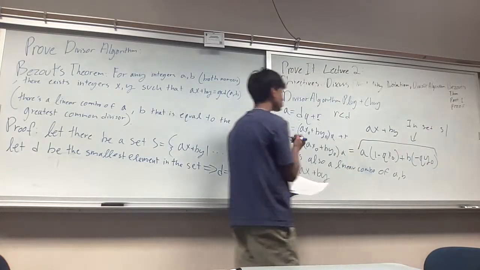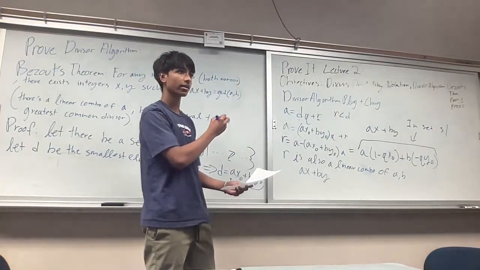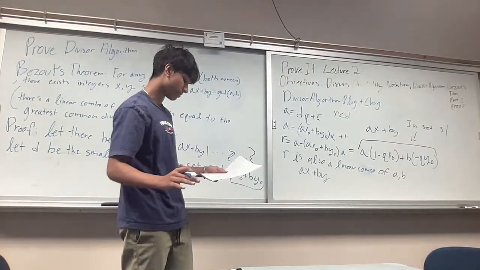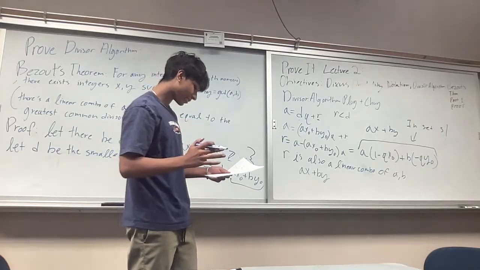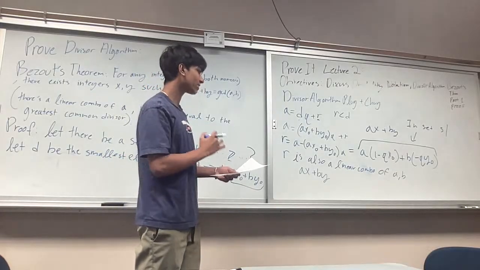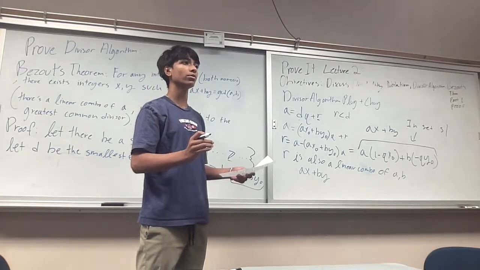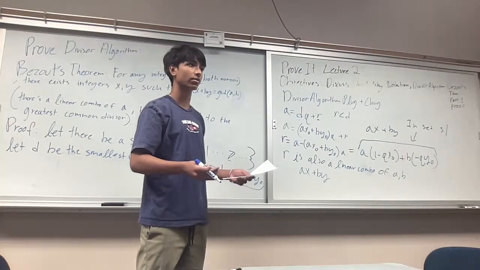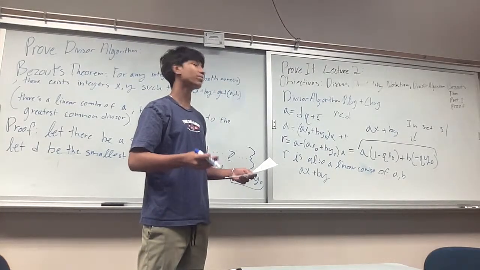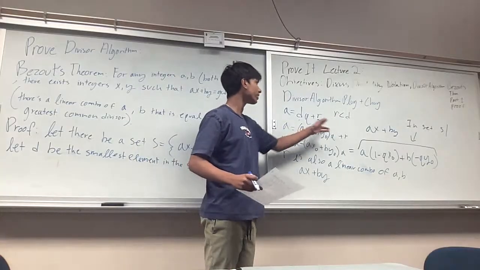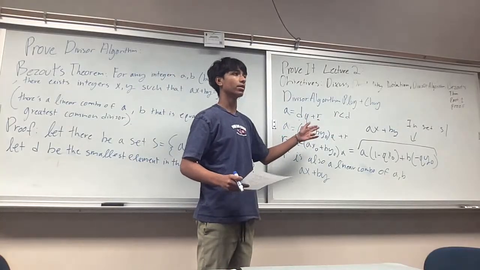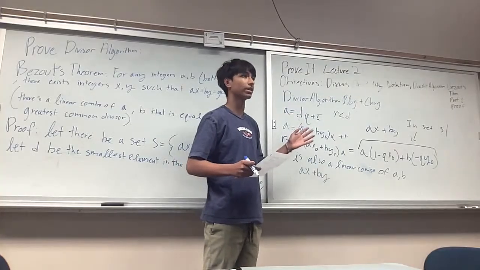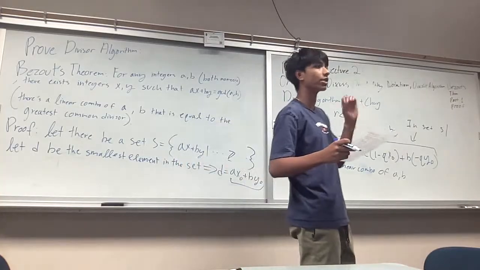But D is the minimal, we've defined D as the minimal, so that can't be true. So the only value of R that is acceptable is 0.